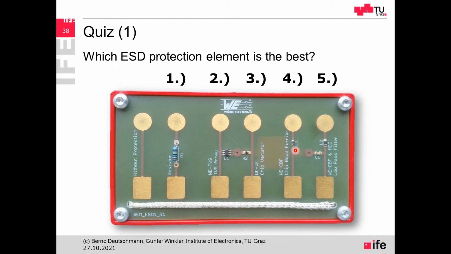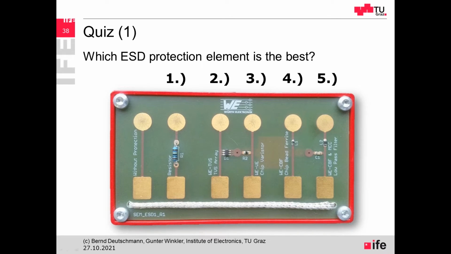And here the ferrite is selected to provide a high impedance at very high frequencies. As you've seen, the discharge current waveform has a very sharp rising edge, so there is a lot of high frequency content within the ESD discharge. So therefore maybe also a ferrite, which provides a high impedance in a high frequency range, might act as an ESD protection. And number five is an LC circuitry. So it's an inductor here in series and a capacitor then diverting the current to ground.